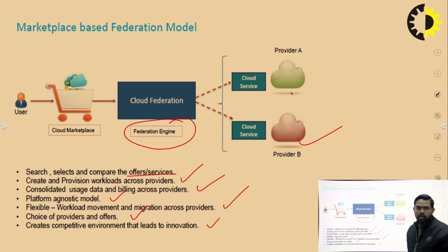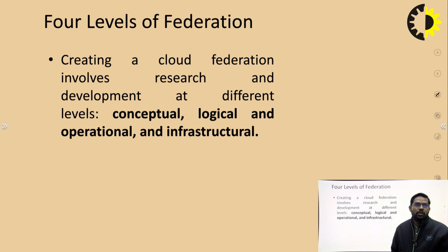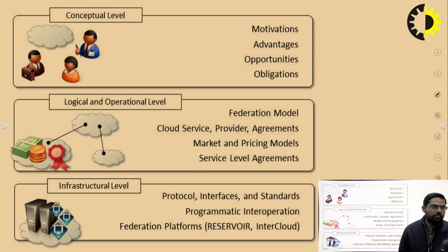So basically, if we divide the federation, there are 4 levels involving research and development at the different levels. First one is the conceptual, second is the logical, third one is the operational, and the fourth one is the infrastructural level.